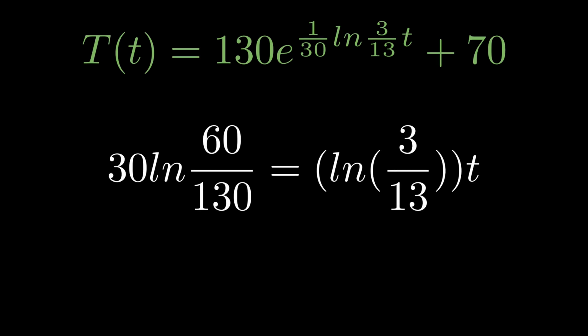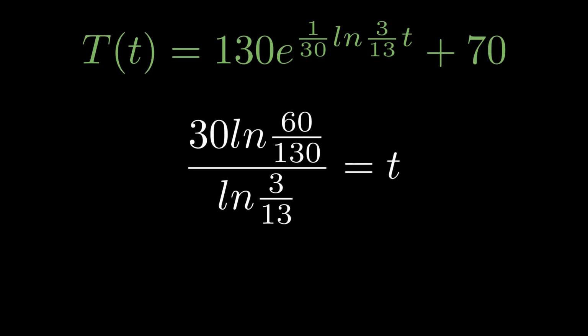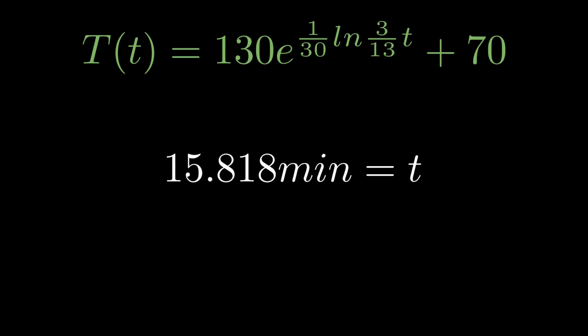And just like that, we got the time it took the first machine to cool the coffee from 200 to 130 degrees Fahrenheit. And that's it. We can just do the same with the other two machines.